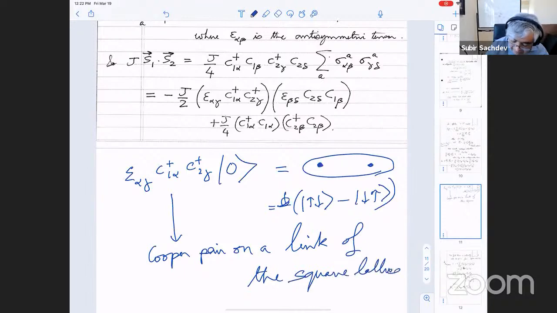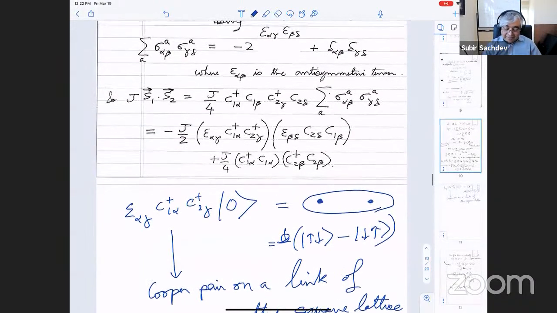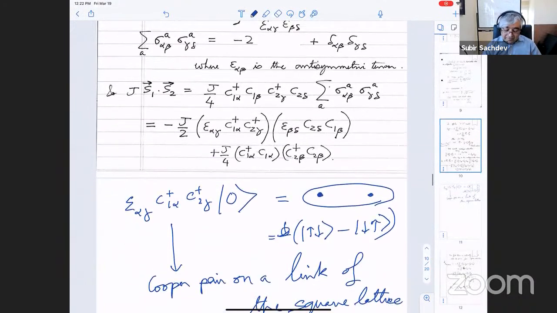If those two sites were empty, then this object creates a Cooper pair, a singlet pair of electrons on that link. This one annihilates it and this creates it, so it's like a counting operator. It counts the number of Cooper pairs. And every time you count a Cooper pair, you pick up some negative energy, minus J/2.